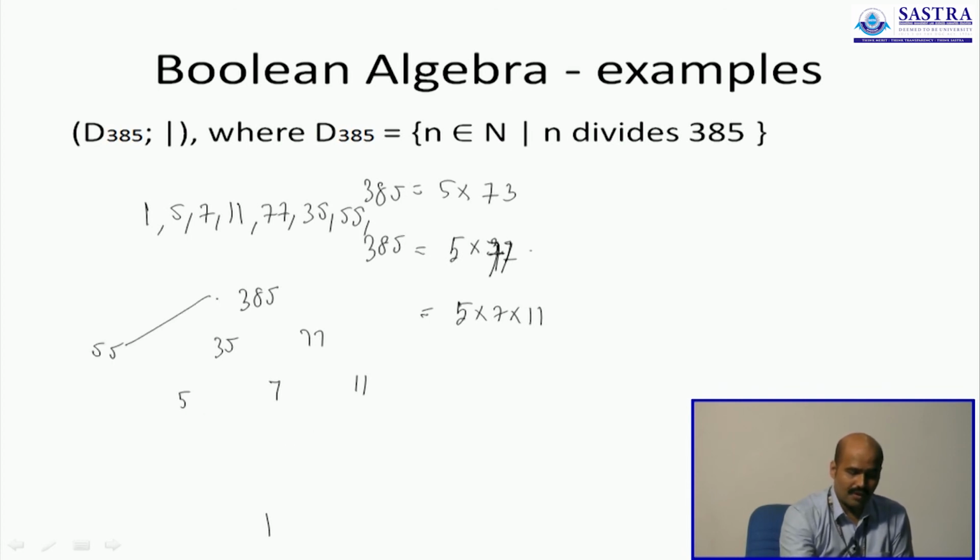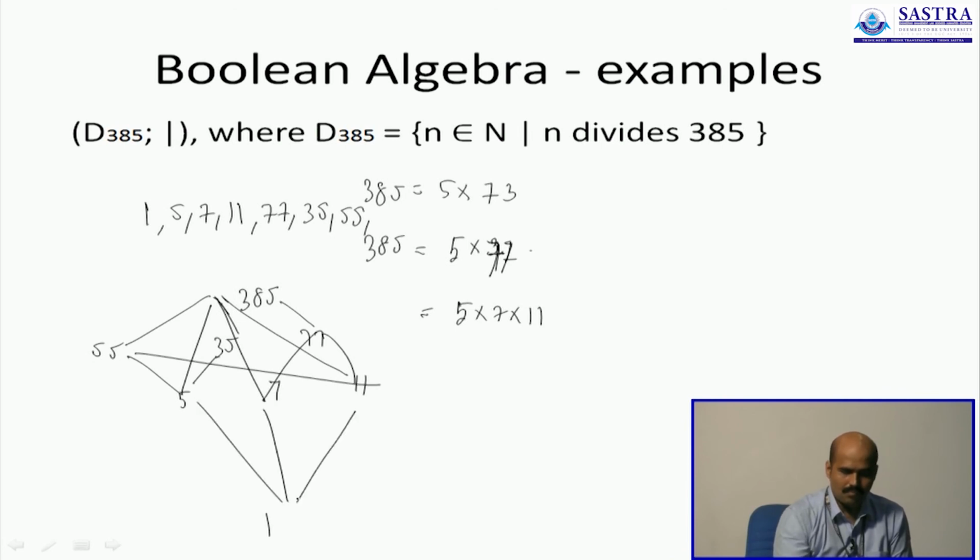All of them divide 385. That's how we have the lattice diagram or the Hasse diagram defined for this lattice, and you will in fact be able to find out the complements of all numbers given here.